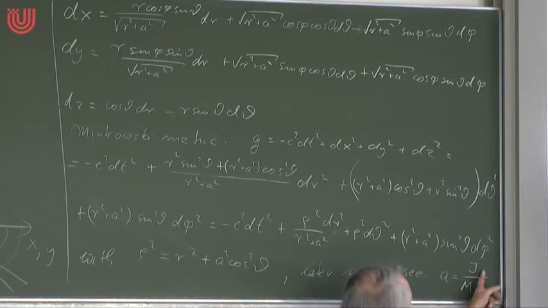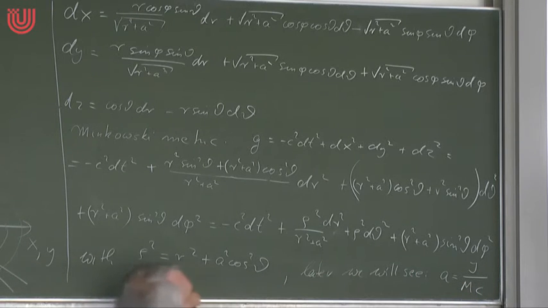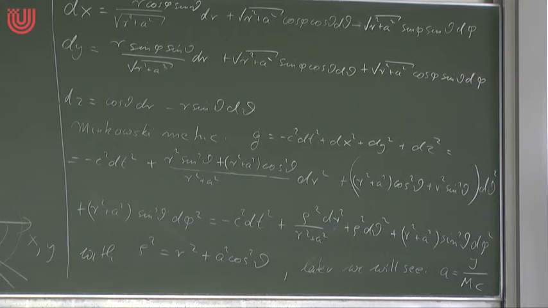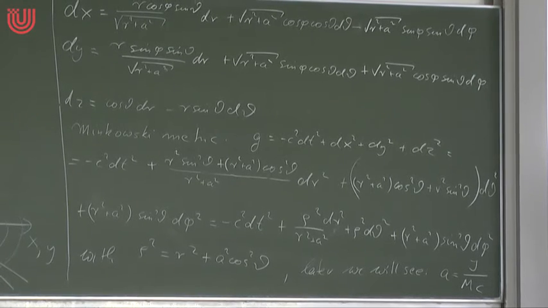This is r cross p, length multiplied with momentum. If you divide by a momentum, then you get a length. M times c is a momentum, mass times velocity. So this has indeed the dimension of a length. But I'm jumping ahead a little bit, just to give you an idea what the meaning of A will be in the end.